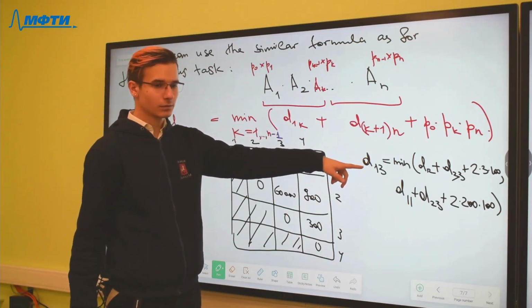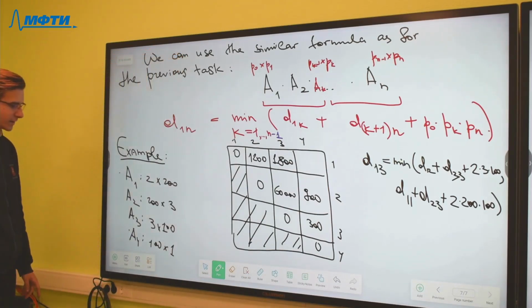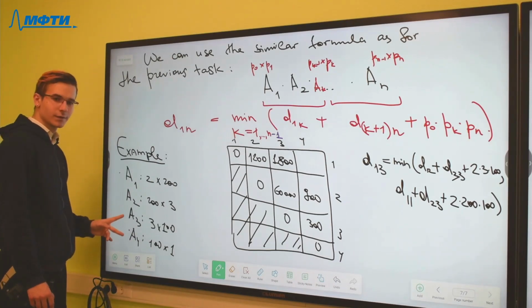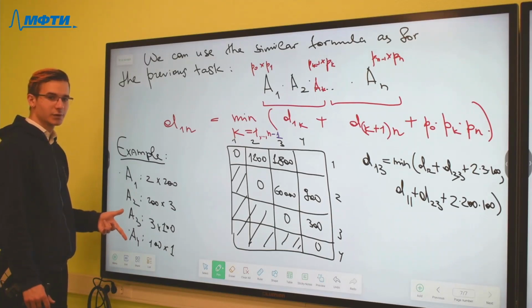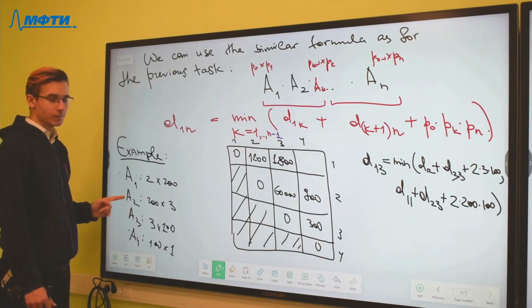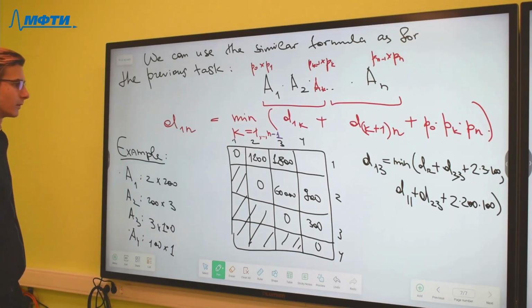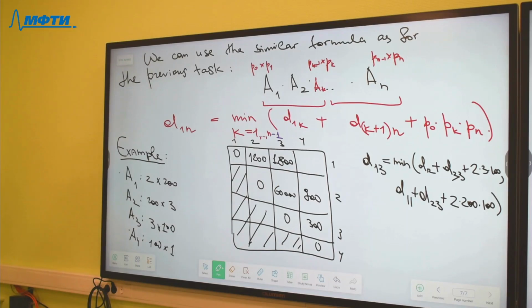minimization, I say that the minimum way is to multiply firstly these two matrices and then multiply the answer of this multiplication by A2. And then for this element of our multiplication, we need to compare three numbers.